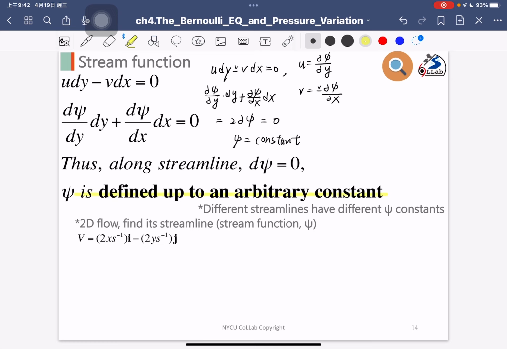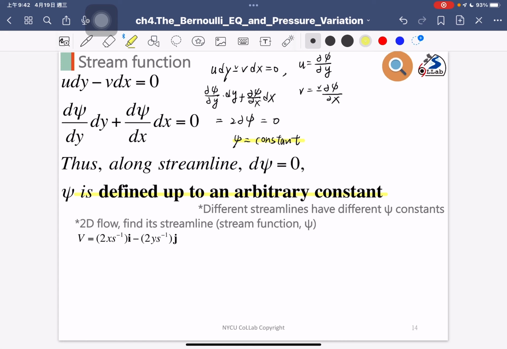Any arbitrary constant we can put on the psi function, and if we put a different constant value, the streamline will change at a different location. The idea is that psi finally will equal to a constant value, and a different constant value will draw a different streamline.